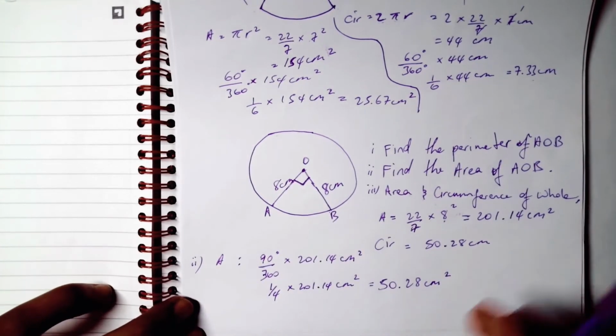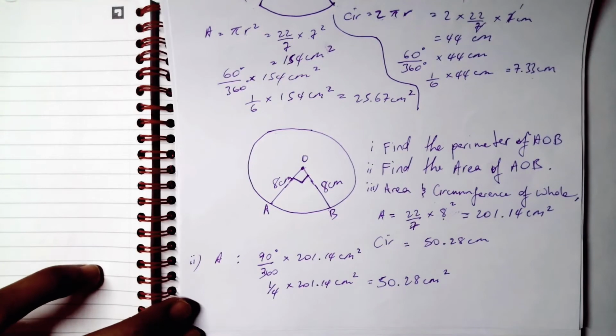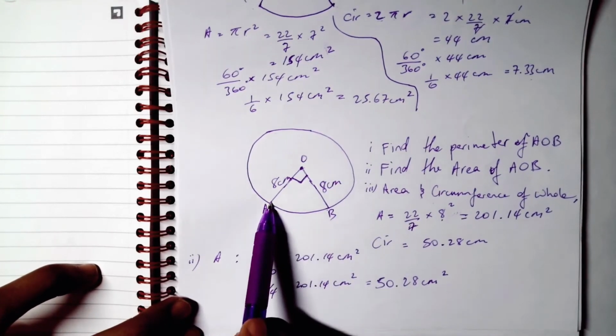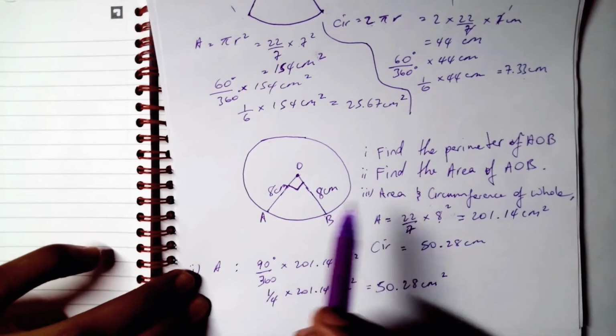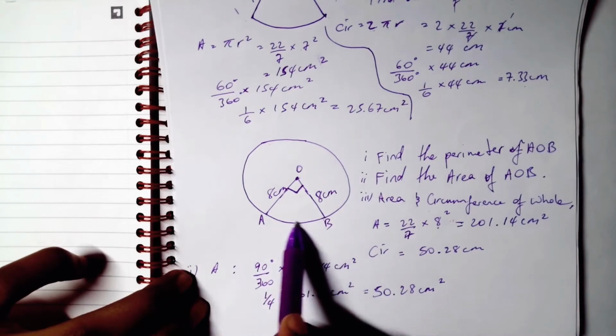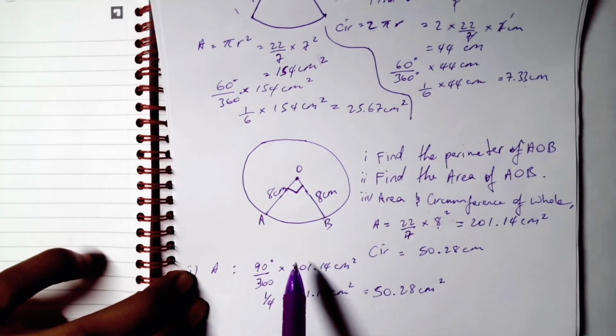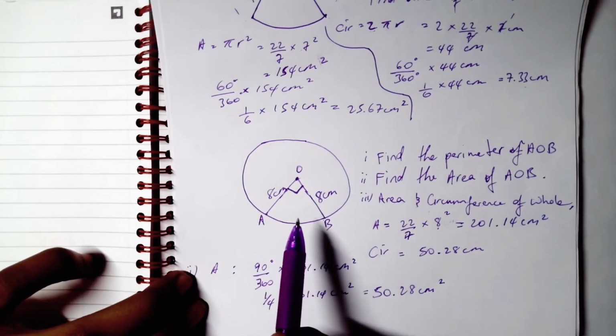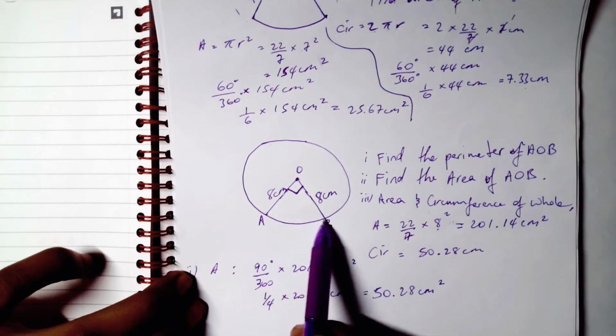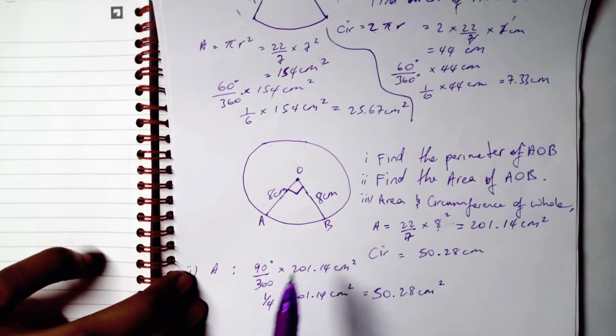To find the perimeter of AOB, we need to find this length right here. They didn't ask us to find this length. However, to get the perimeter of this slice of pizza right here, we need this.